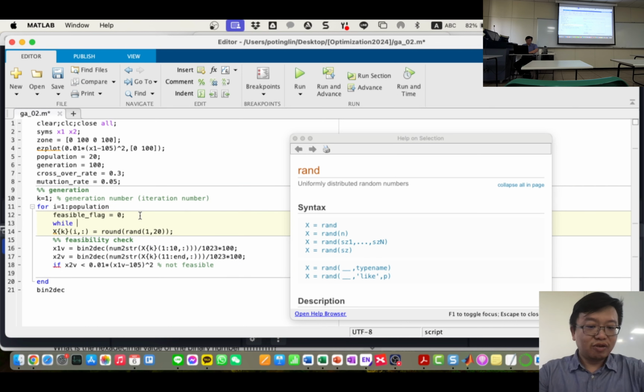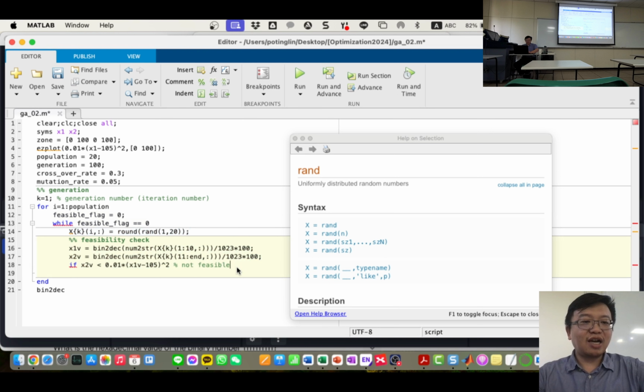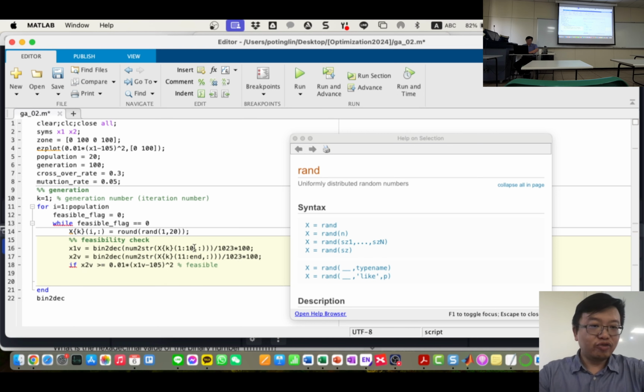So while the feasible flag is 0, I will do this. If it's feasible, then you can convert the flag to 1.